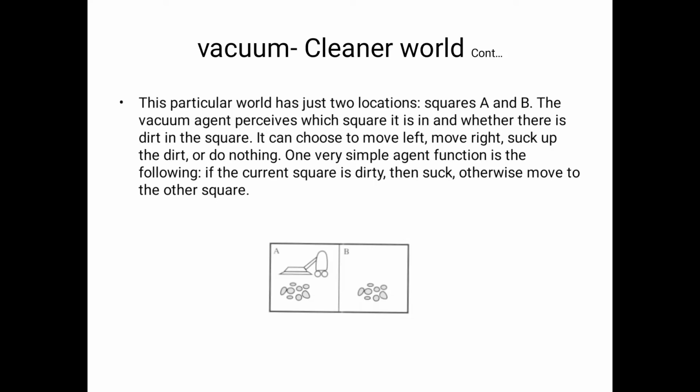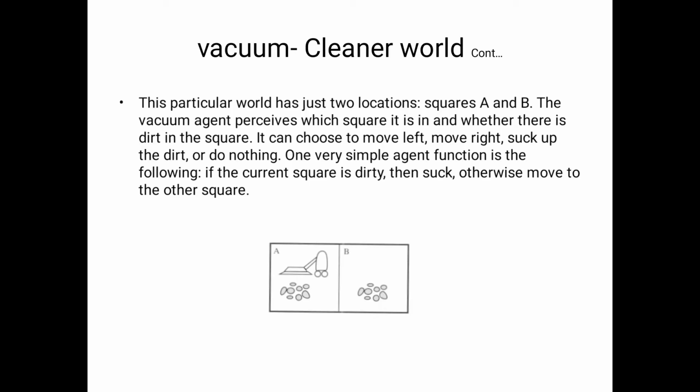What is the aim of the vacuum cleaner? Cleaning. Here the vacuum cleaner is one type of agent. It perceives the environment with the help of sensors, and performs actions on the environment with the help of machines or motors.